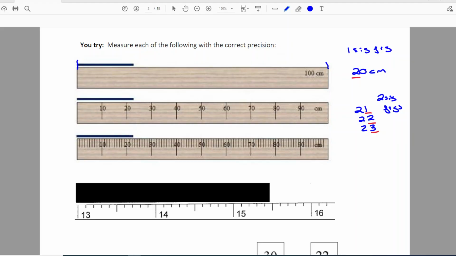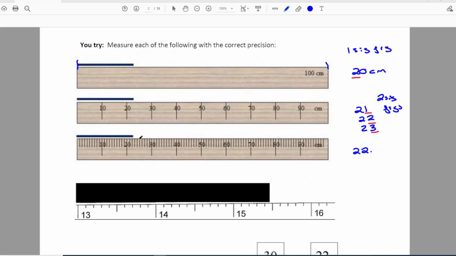Now let's go on to this third ruler. So for this third ruler, it's going one more beyond that. So if you look at your division lines, we've now got 20, 21, 22, 23, 24. So when I look at this one, I'm like, well, it's exactly 22. But then I can estimate it's something between 22 and 23, so I'm going to estimate another digit.